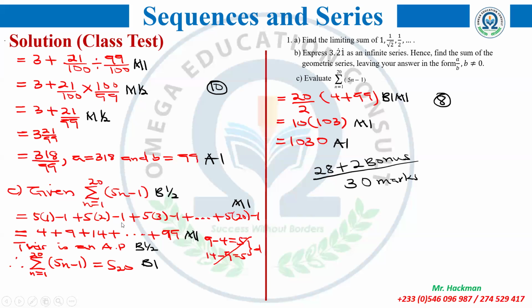So I'll work. So now, first one, 5 times 1 minus 1. 5 into 2 minus 1. 5 into 3 minus 1. So then plus your last term will be 20. So here, I was not asked to write this in full, so I can be smart and introduce ellipses to cater for the terms that I don't want to write.